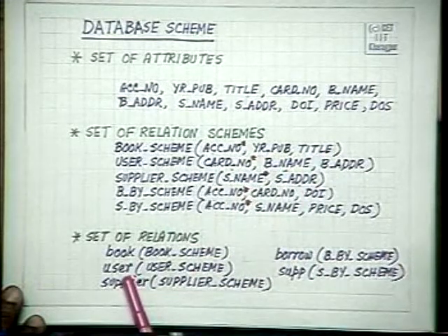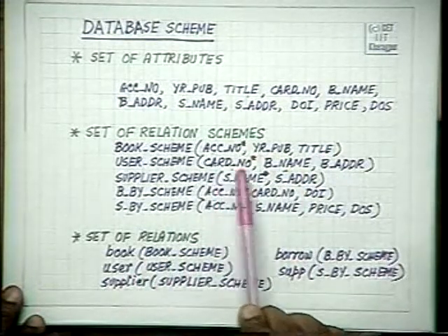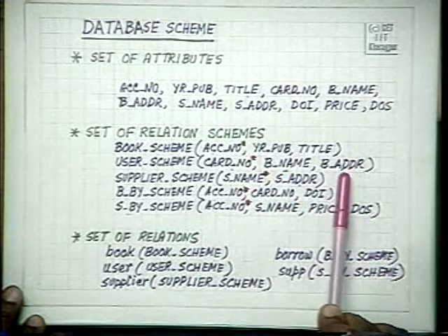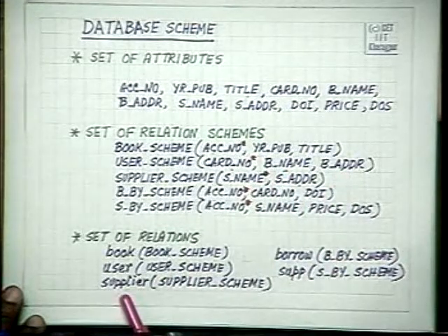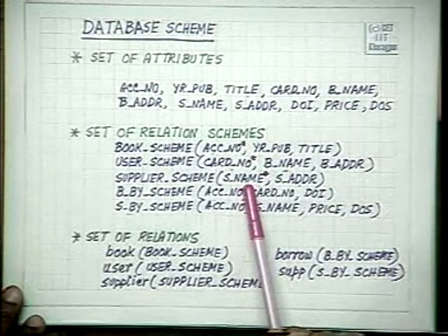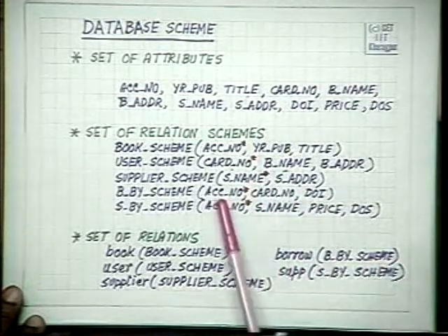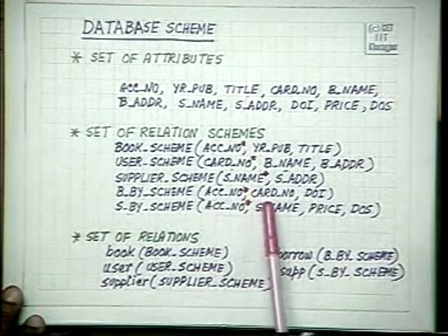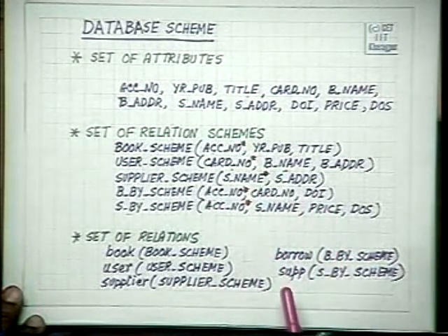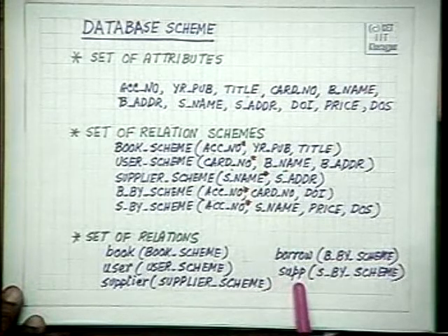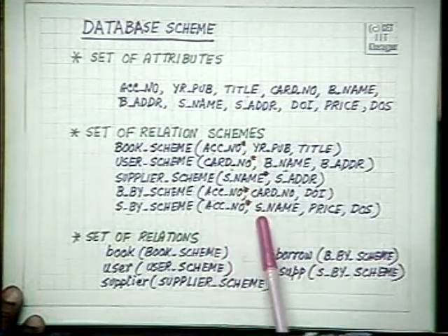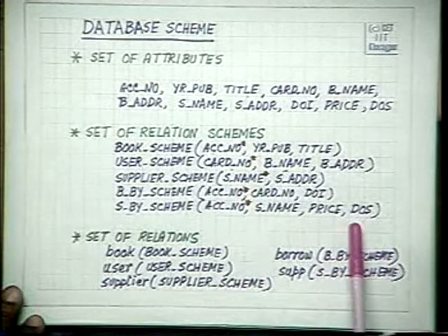We have the user relation, which has card number, borrower's name, borrower's address. We have the supplier relation, which has the supplier name and supplier address. We have the borrow relation, whose attributes are accession number, card number and date of issue, and the attributes of the supply relation are accession number, supplier name, price and date of supply.